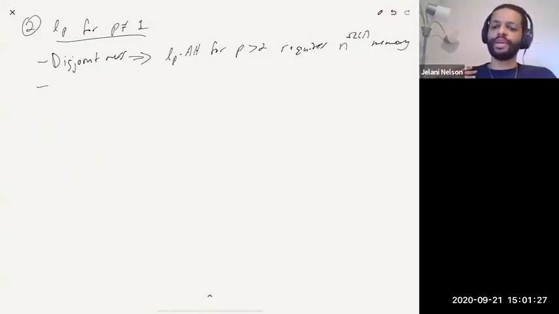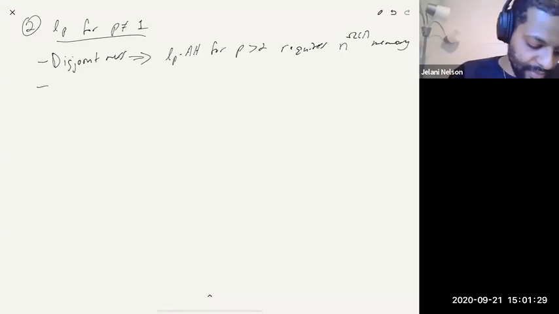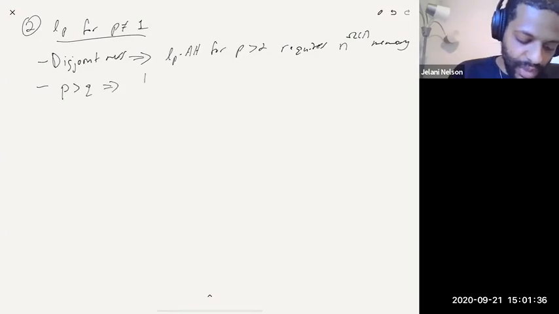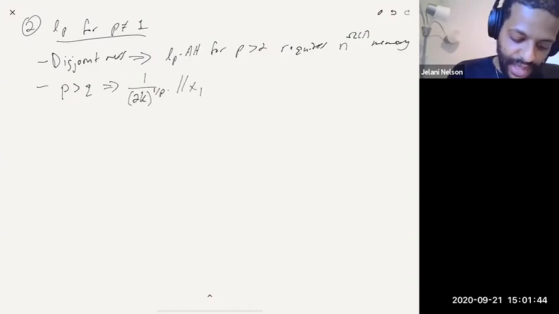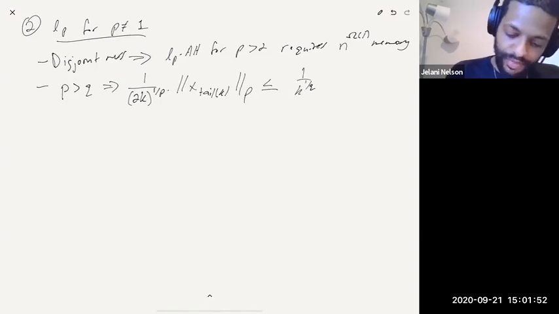Another thing that you can prove is that if p is bigger than q, then 1 over k to the 1 over p times x tail of k in p is at most 1 over k to the 1 over q times x tail, and let's call this 2k.